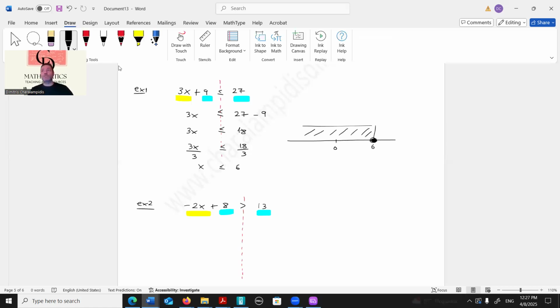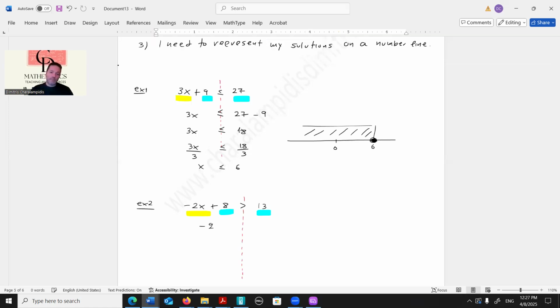My goal is to separate yellows from blues. So minus 2x was already at the left. It will remain at the left. Greater than negative 8. It changed its sign because it moved from the left side to the right one. Plus 13. So negative 2x is greater than minus 8 plus 13, which is 5.